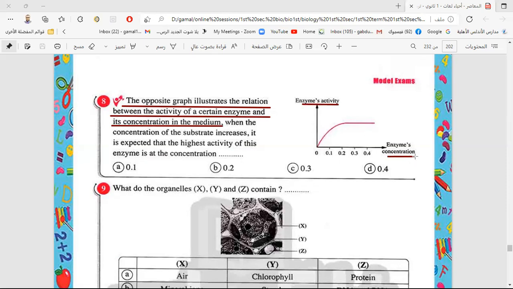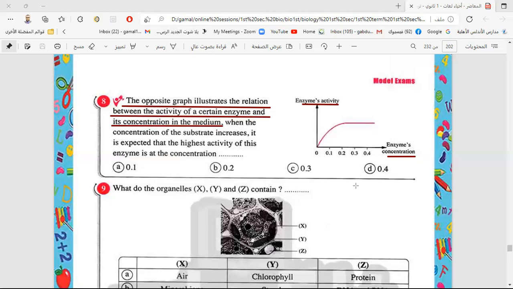Okay, when the concentration of the substrate increases, it is expected that the highest activity of this enzyme is at what concentration? 0.1, 0.2, 0.3, 0.4. What do you think?